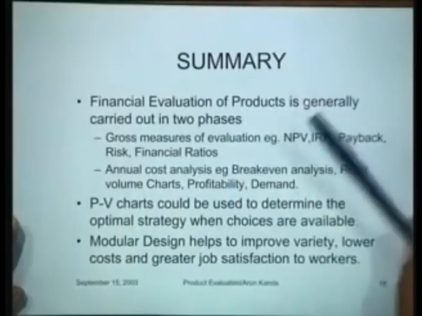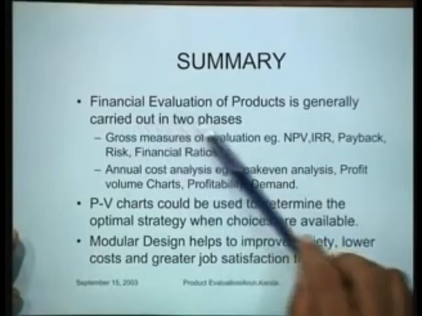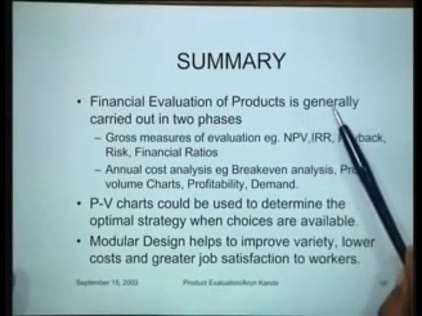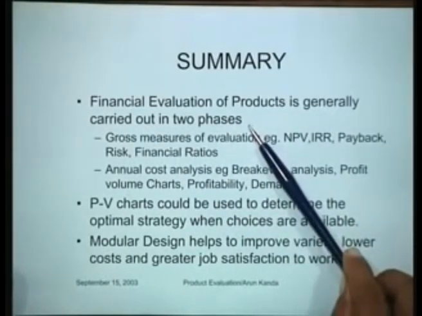Finally, let us try to summarize what we have tried to do in this particular lecture. We have seen, for instance, that the financial evaluation of products is generally carried out in 2 phases.